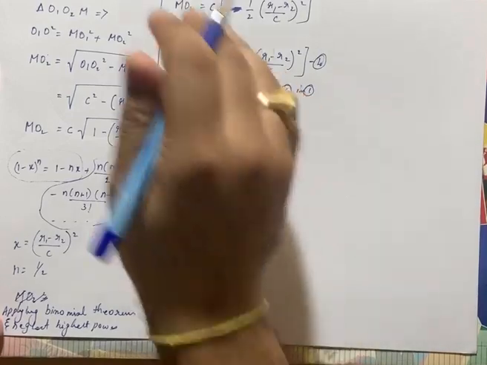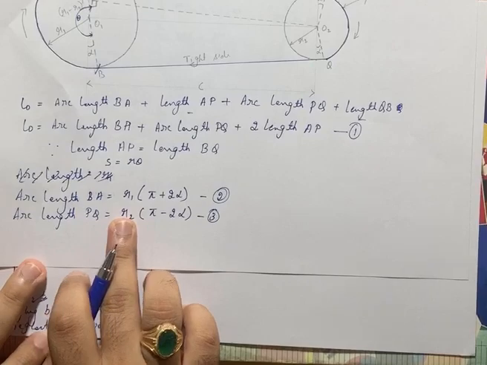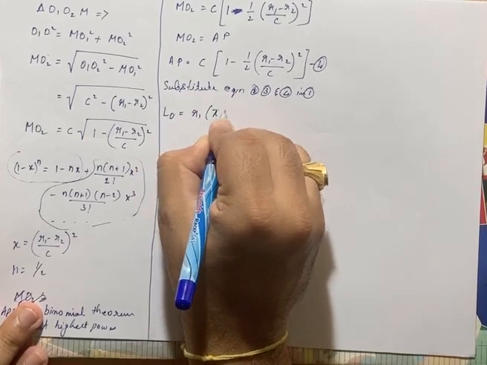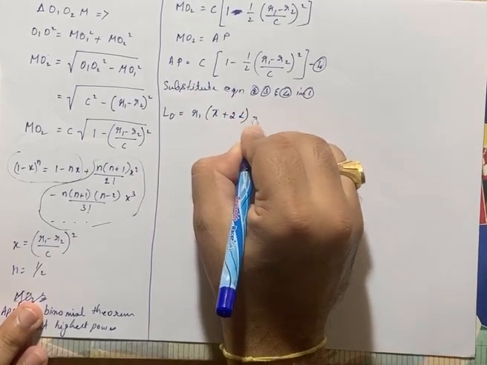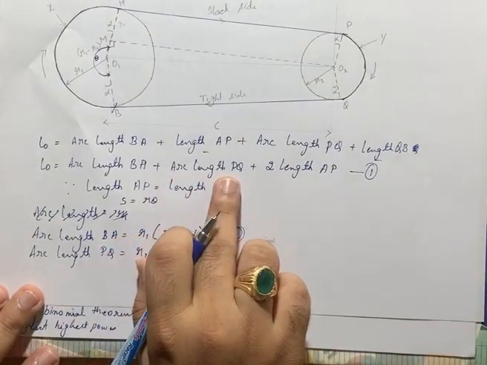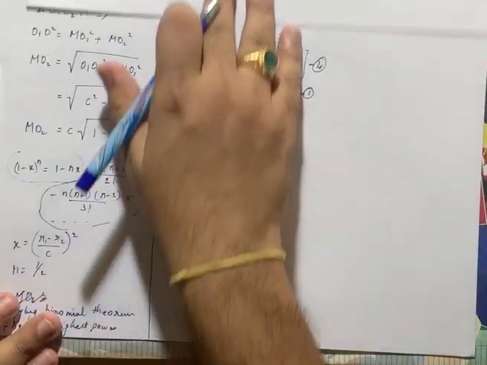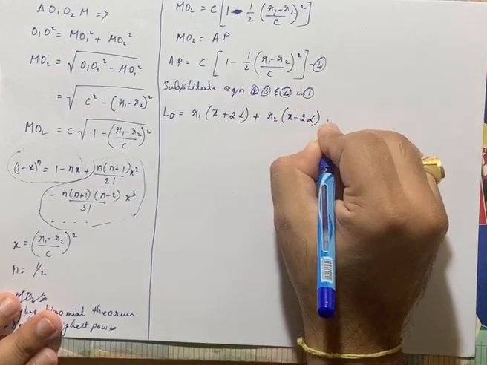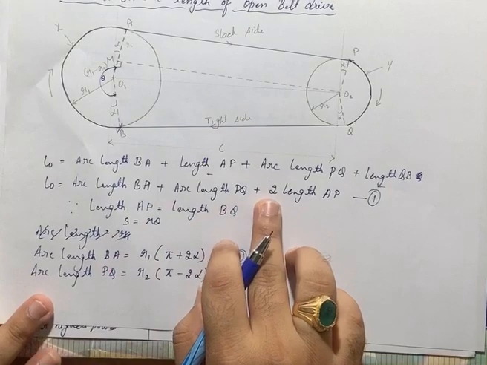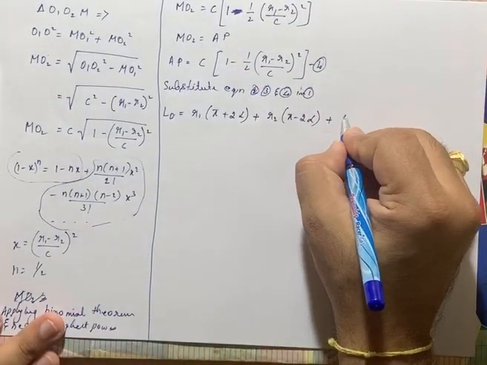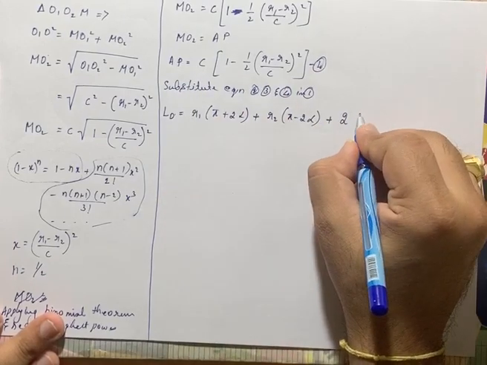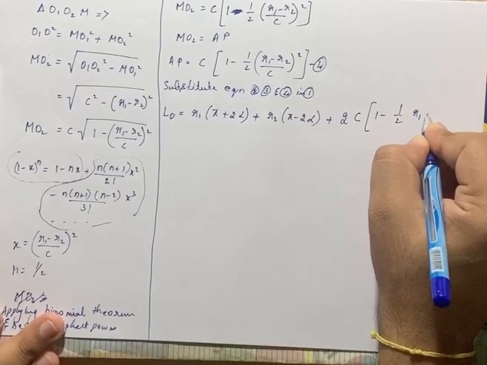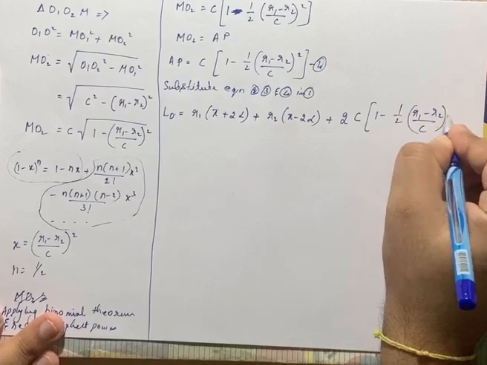Arc length BA we got, that is R1 into (pi plus 2 alpha), plus arc length PQ, which is R2 into (pi minus 2 alpha), plus 2 times the length AP, that is 2C into 1 minus half ((R1 minus R2) by C) whole square.